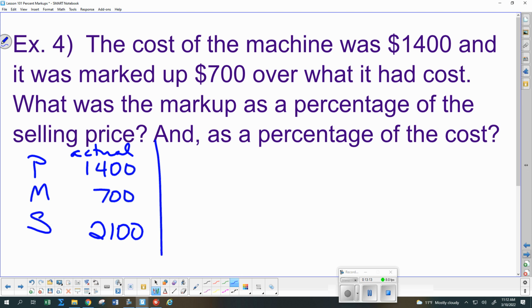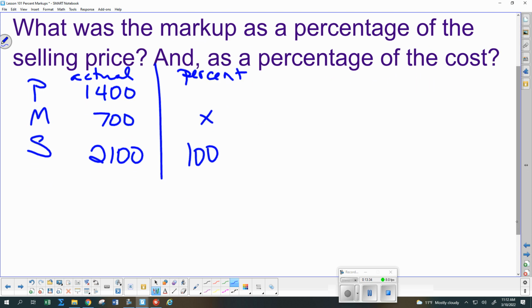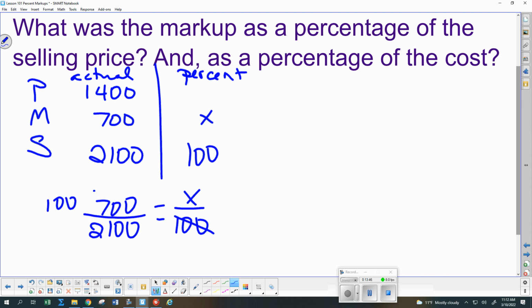Now we want to know the markup percent. So this column is now going to be my percents. First, I'm going to put a variable in there because I'm trying to find the markup percent of the selling price. So that means I need to put 100 on the selling price row. And then I solve that, and I have 700 over 2,100 is X over 100. Multiply both sides by 100. And let's see, that's a third.